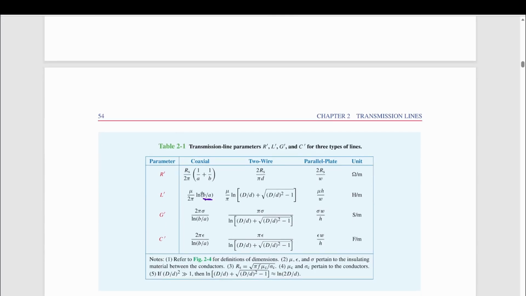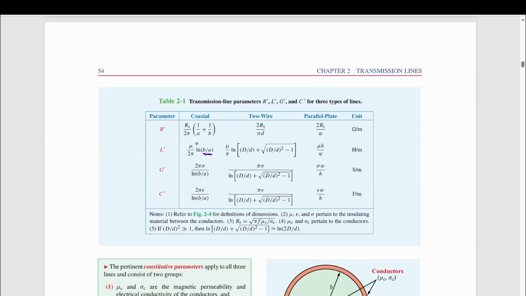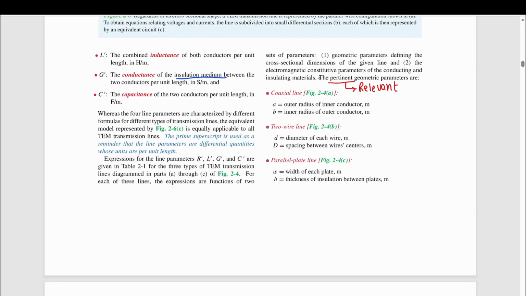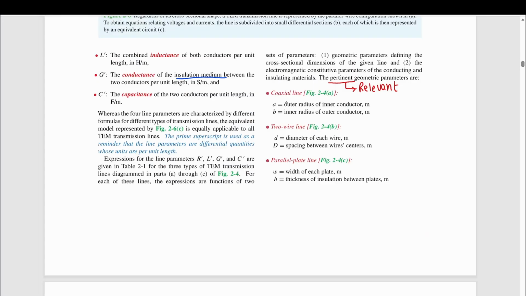The geometric ones are b and a, and the electromagnetic parameters, for example here, it's mu. For the coaxial line, the relevant geometric parameters are the outer radius and the inner radius, so it's a function of the inner and outer radius a and b.